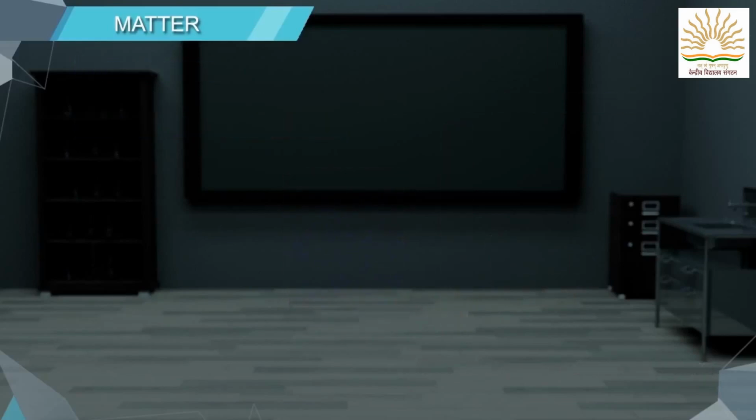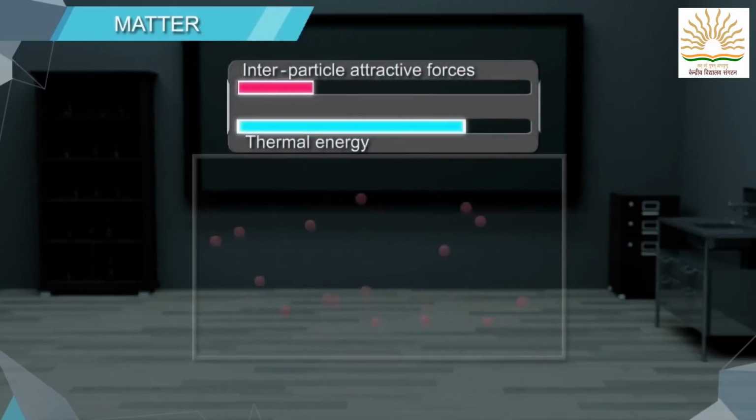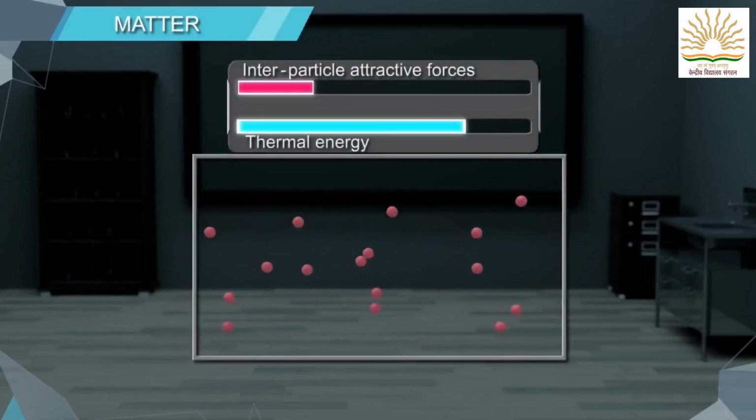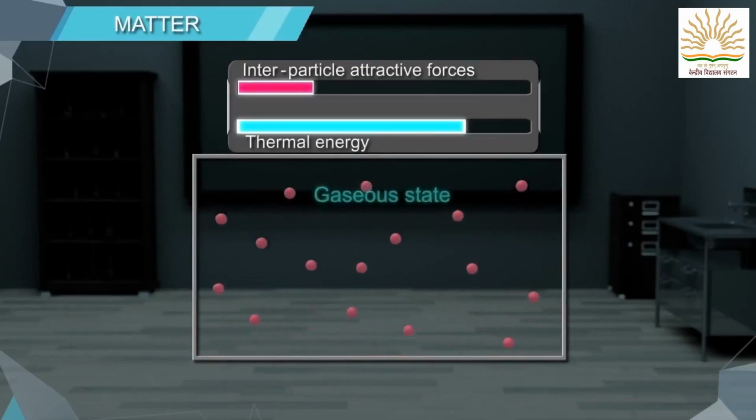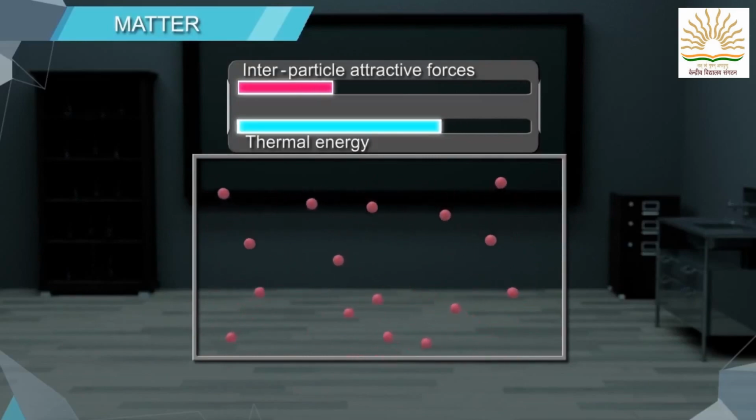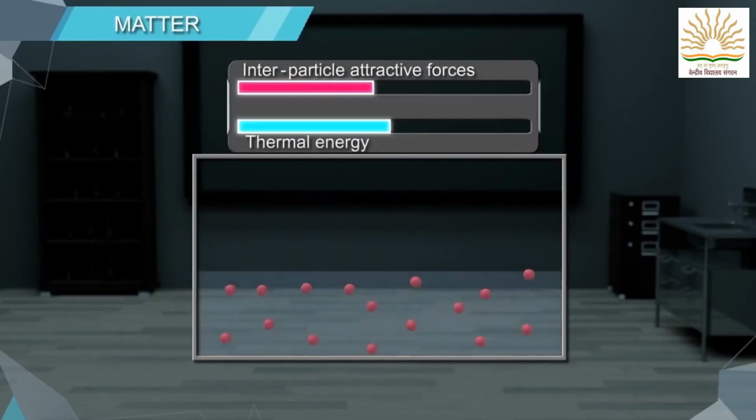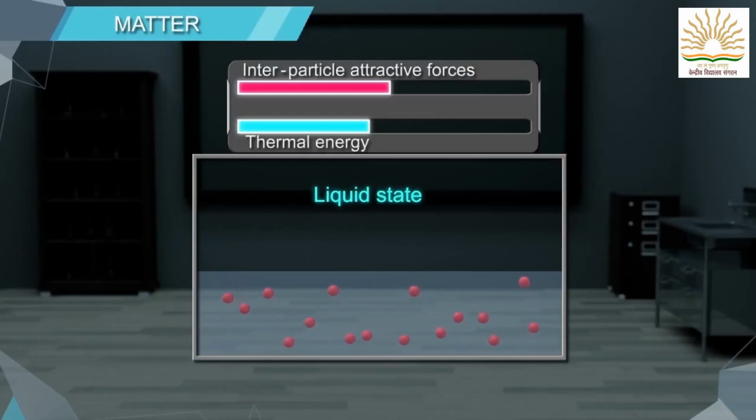If interparticle attractions are very weak and the thermal energy effects are predominant, then the substance will be in the gaseous state. If the interparticle attractive forces are slightly more than the effects of thermal energy, then the substance will exist as liquid.